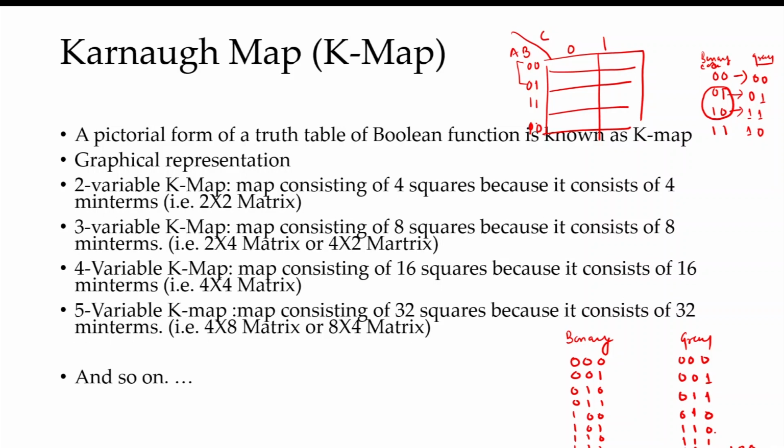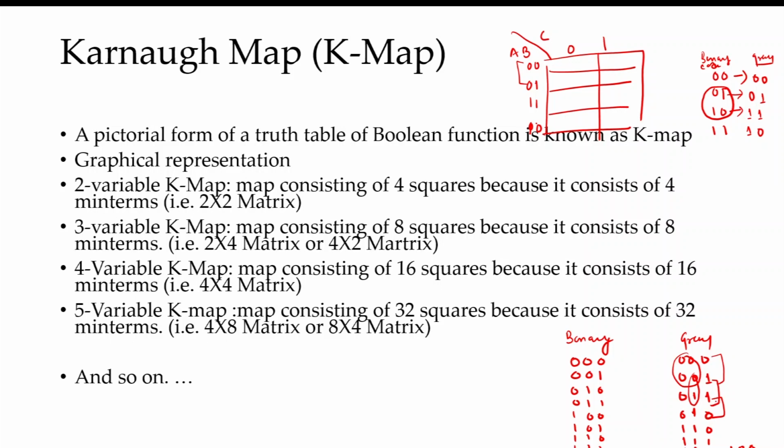This means when we compare these sequences, here 0 0 and 0 1, only one bit is changed, a single bit is changed. Here 2 bits are fixed and only this bit is changed. Similarly when we compare these two numbers, these 2 bits are fixed, 0 0 and 1 1, only this is changed. Similarly when we compare these two numbers, this is 1 0, these two are fixed.